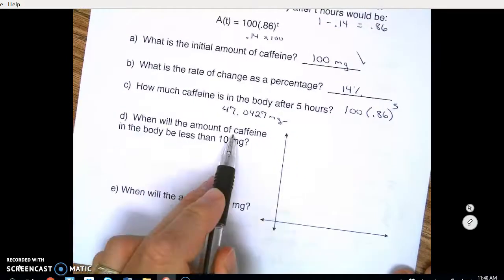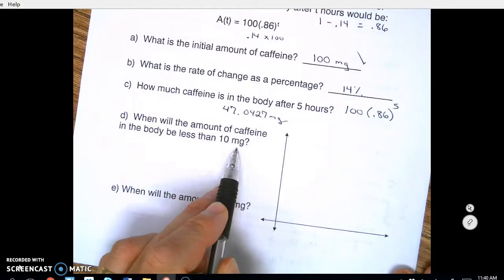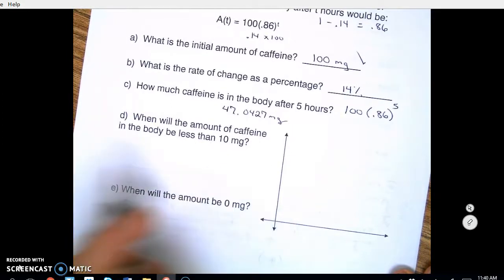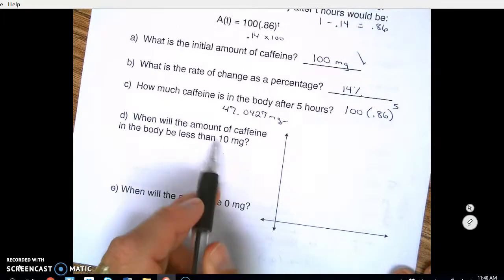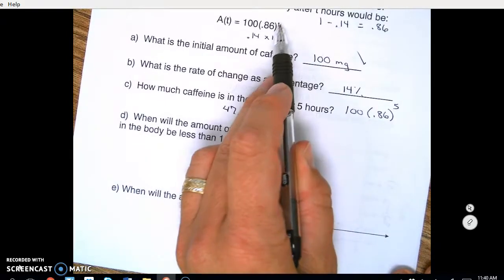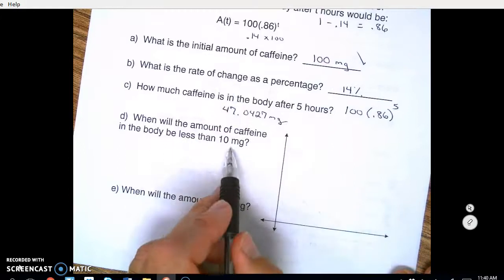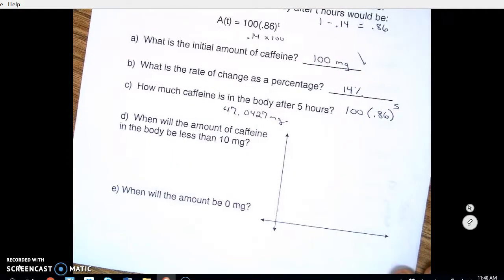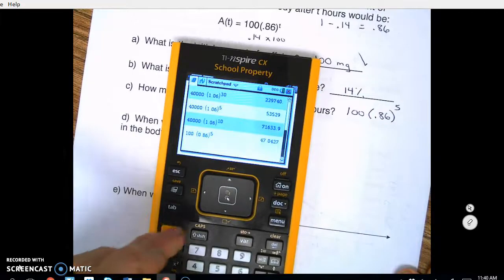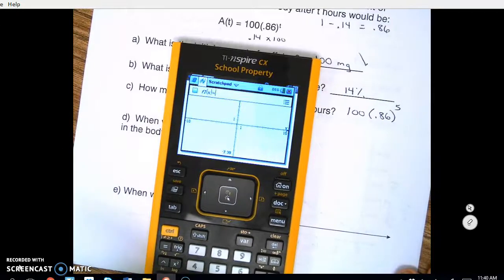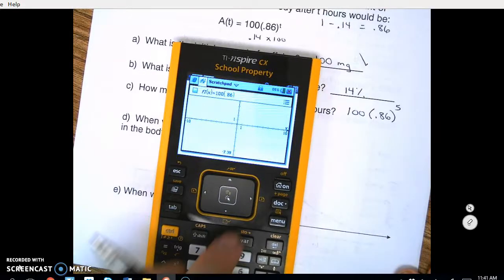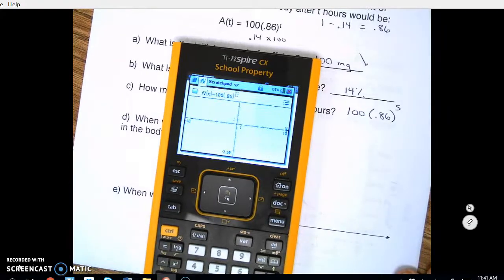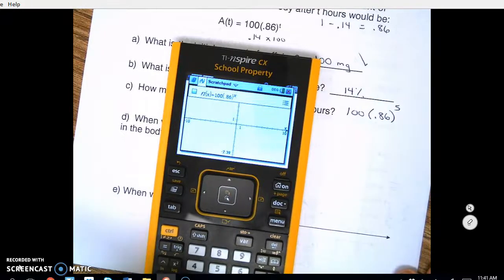It says, when will the amount of caffeine in the body be less than 10 milligrams? At this point, one of the things you could do is just keep plugging in numbers for T until you get below 10. So you could go to your graph, plug in your function, use X for T, go to your table, Control T, oops, gotta graph it first.